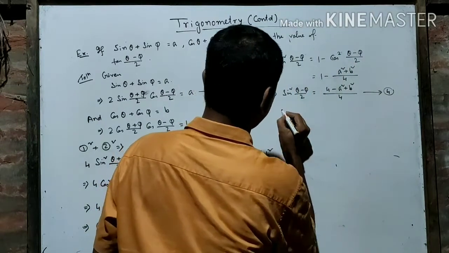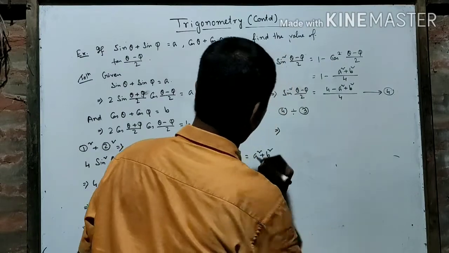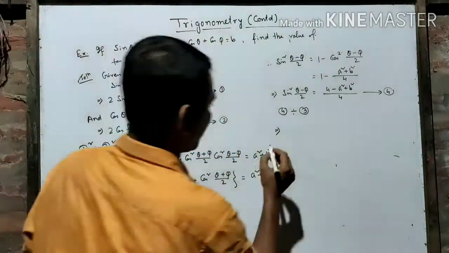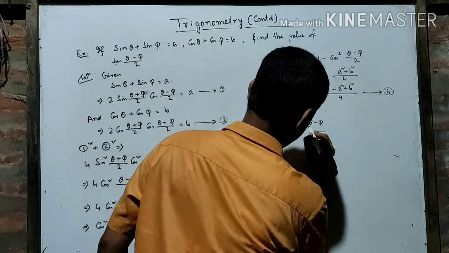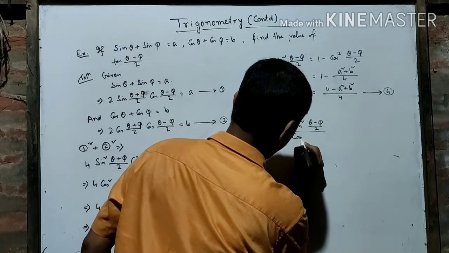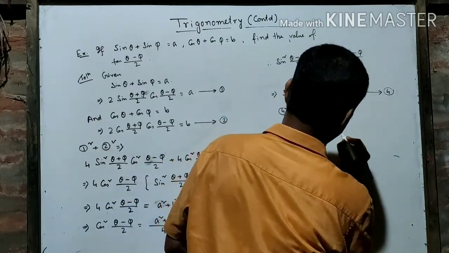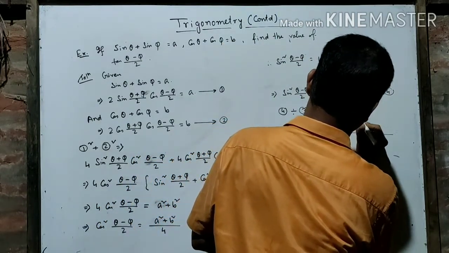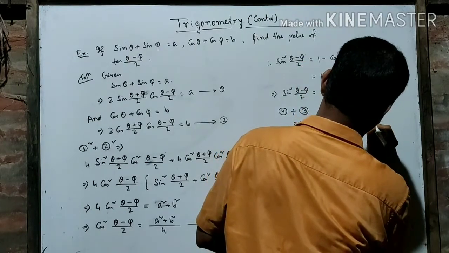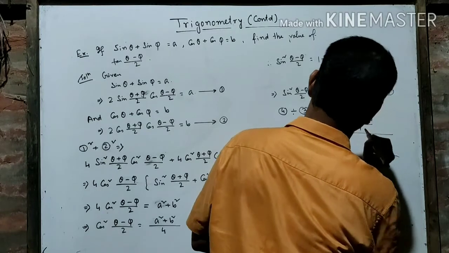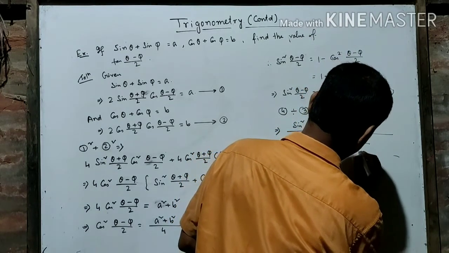So 4 divided by 3 implies sin square (theta minus phi) by 2 divided by cos square (theta minus phi) by 2 is equal to (4 minus a square minus b square) divided by 4, divided by (a square plus b square) by 4.